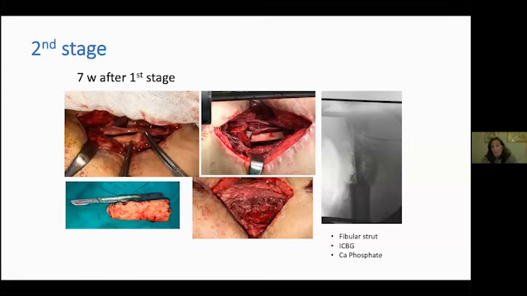It's premixed with vancomycin or gentamicin. But I use as little as possible and try to use as much cancellous bone graft as possible. What's the ratio? Maximum 3 parts bone, 1 part calcium phosphate.